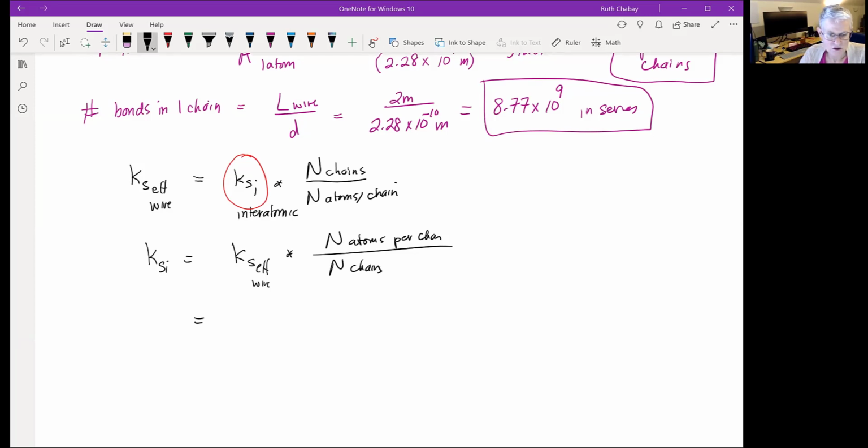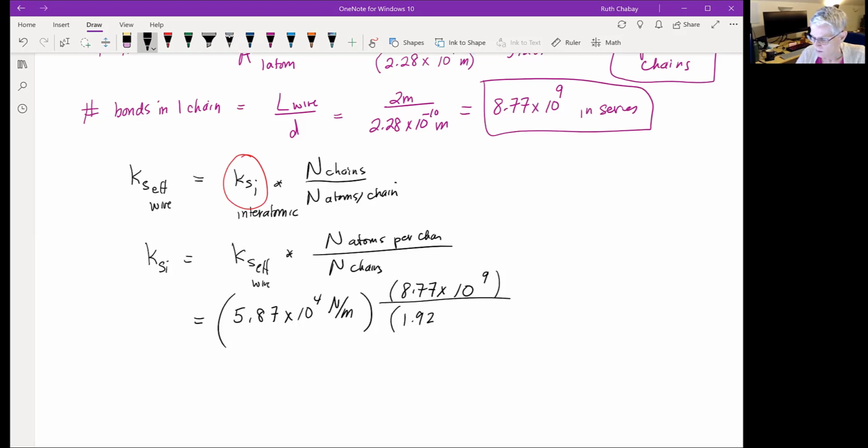So that is whatever we got for the effective spring stiffness here, 5.87 times 10 to the 4th newtons per meter, times the number of atoms per chain, which was our 8.77 times 10 to the 9th, divided by the number of chains, 1.92 times 10 to the 13th.